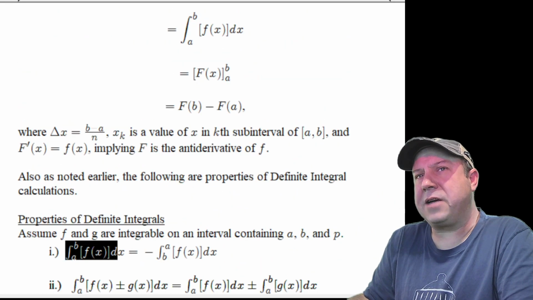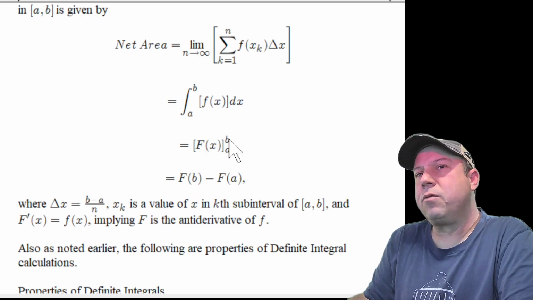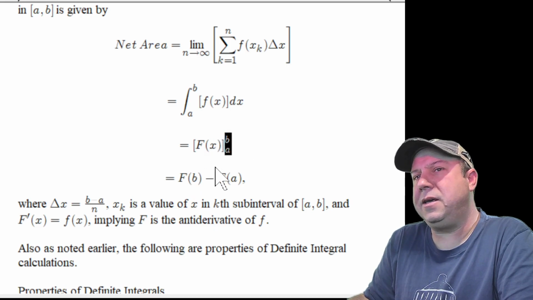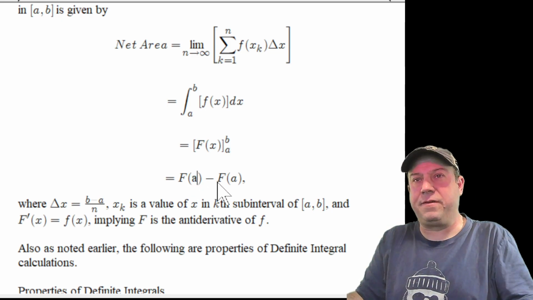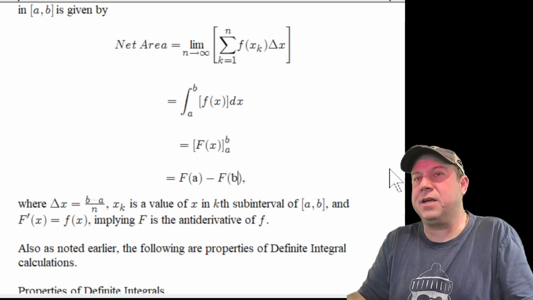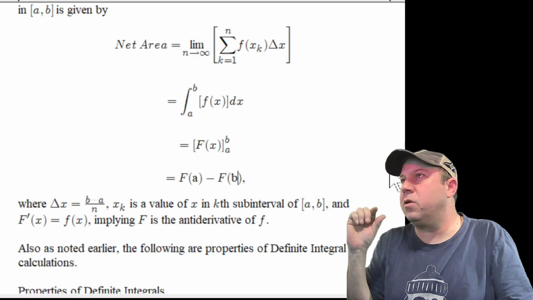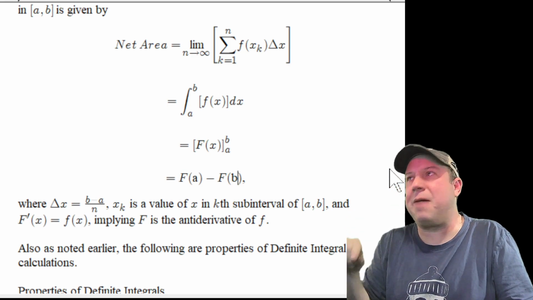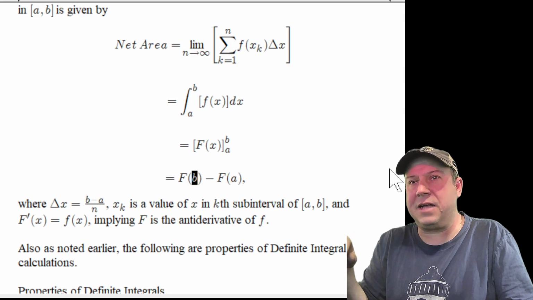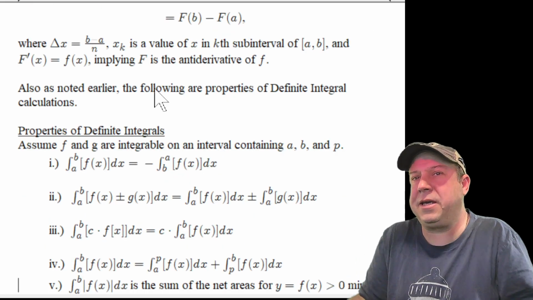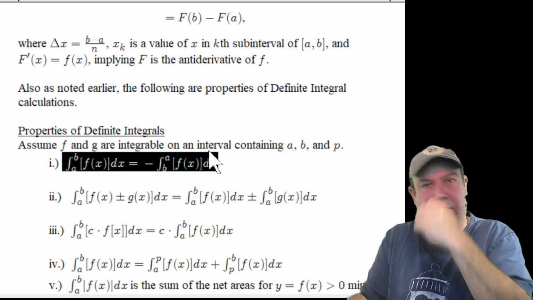And we can actually back up and see that here. Reversing this order of a and b will actually produce F of a minus F of b as opposed to F of b minus F of a. And we note changing the order of a difference will produce the opposite value. And that's what we see happening here in this first statement theoretically.